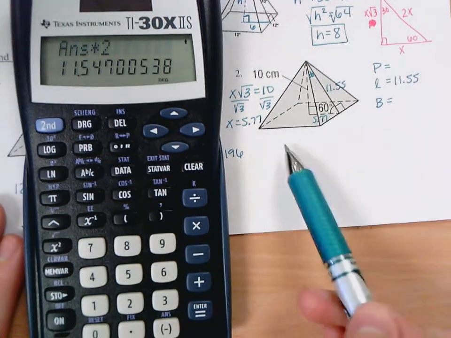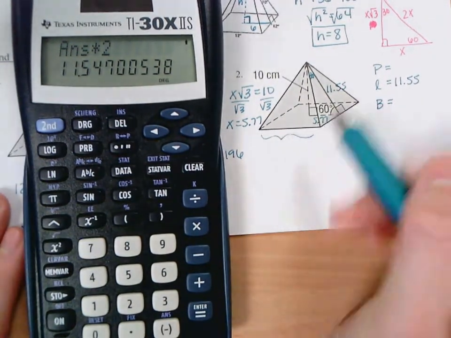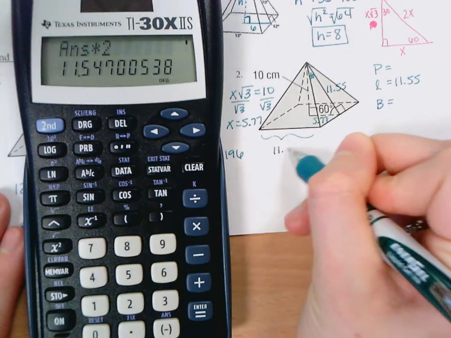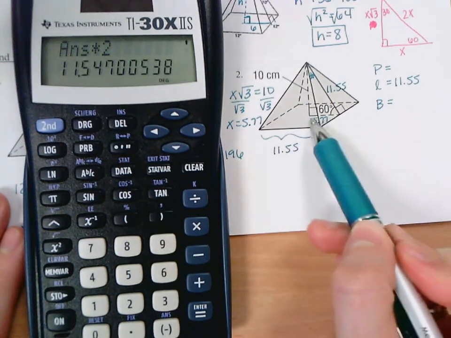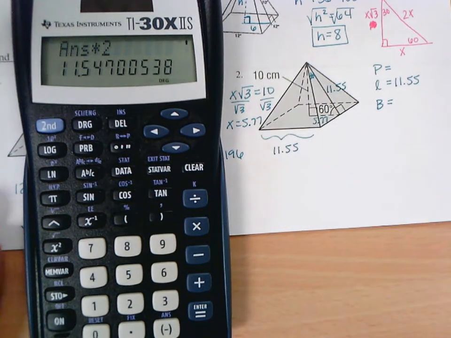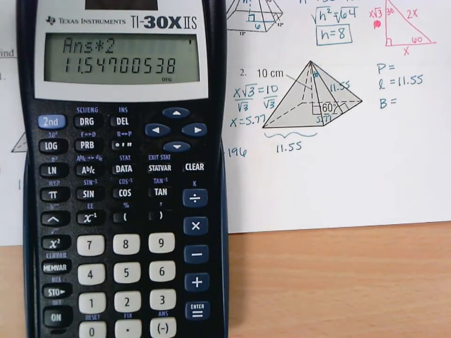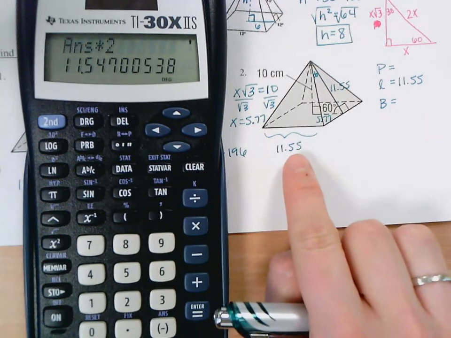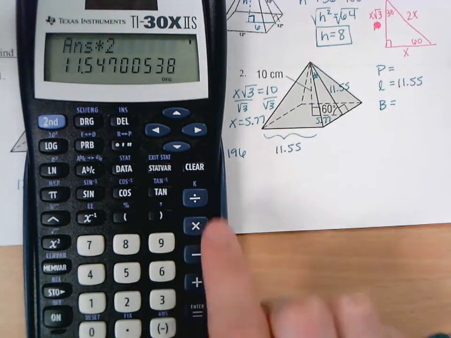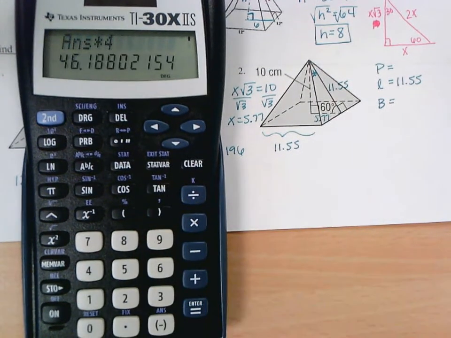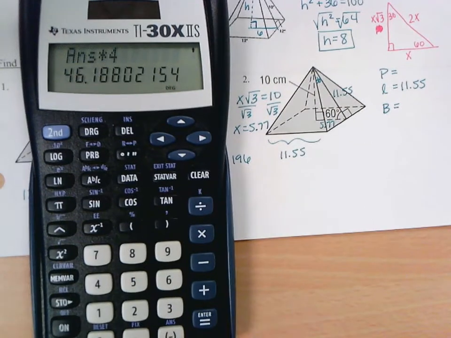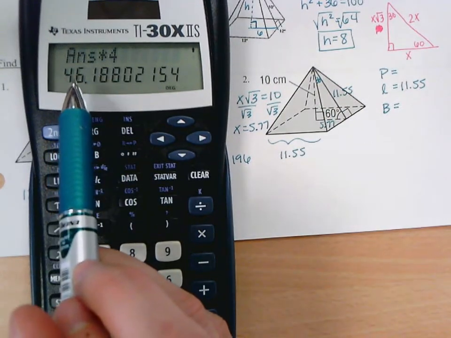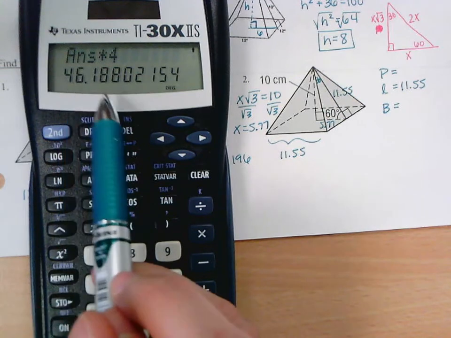That's actually also the length of one side of my base because this is only half of it. So then I can find my perimeter by multiplying that by 4. So if I do times 4, my perimeter then would be about 46.19.